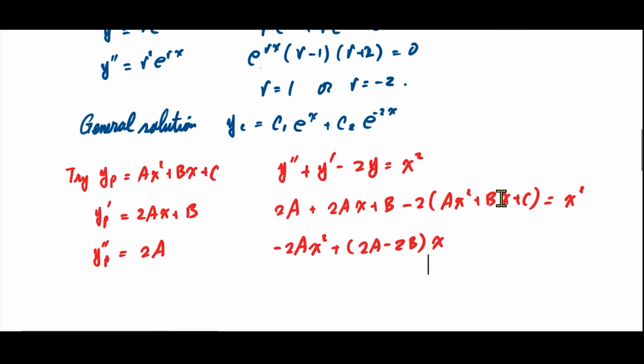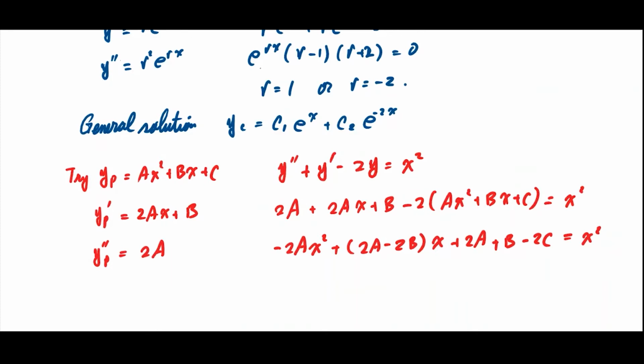Stay with me? And the constant will be 2a plus b minus 2c. And the other side is x squared. Does this remind you of partial fractions? Yeah, it's that kind of thing.